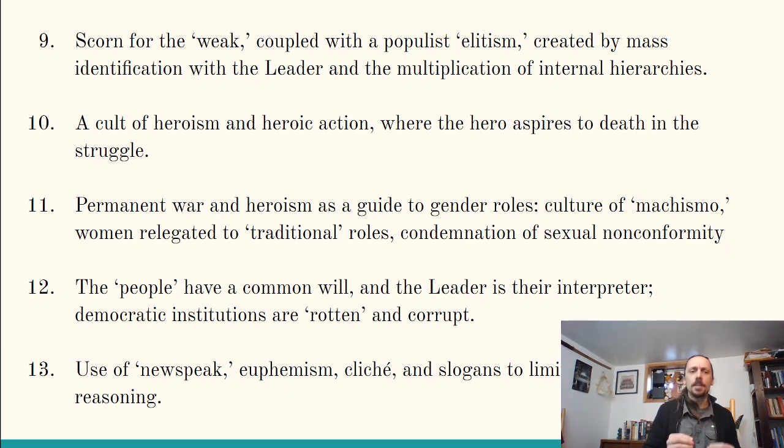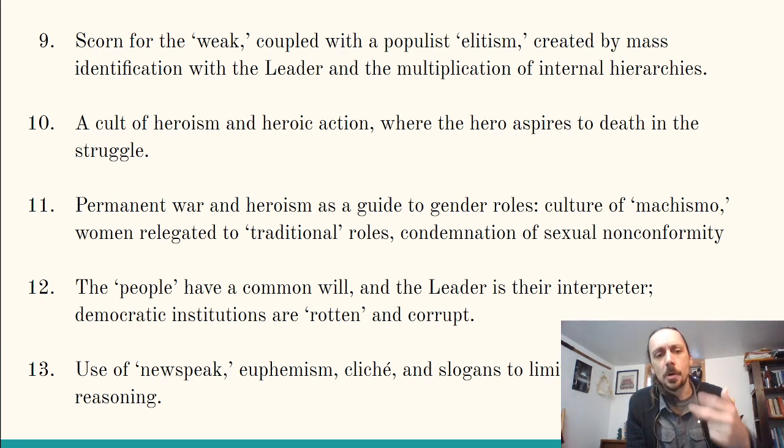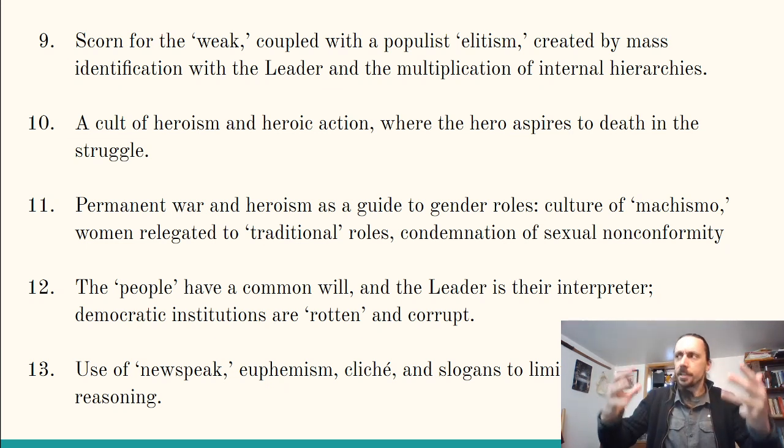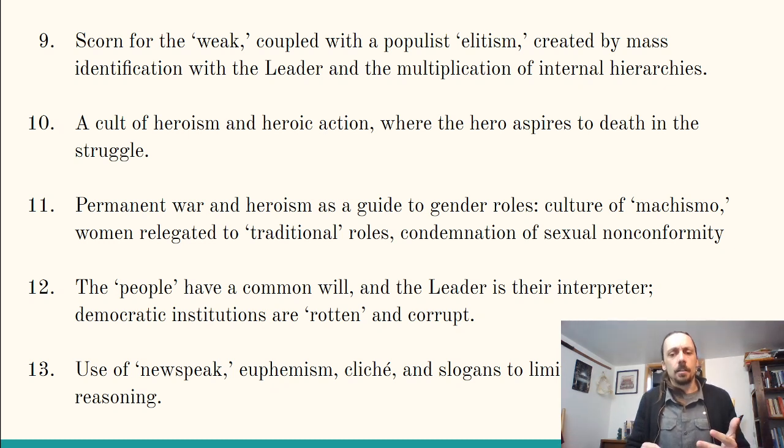A lot of this has to do with rhetoric, the rhetoric of heroic action, of war, of scorn for the weak, of the xenophobic enemy out there, about the use of cliches and slogans to limit critical reasoning. These are all rhetorical moves, which is why a deep understanding of what fascism is so crucial to understanding some forms of propaganda online which have fascistic tendencies.